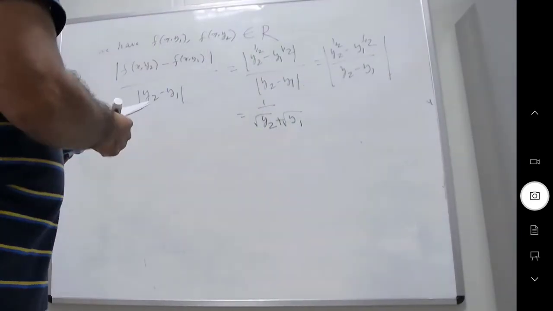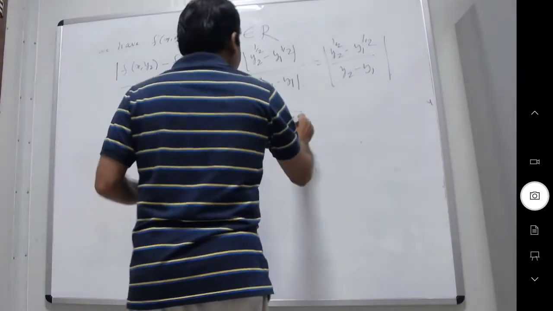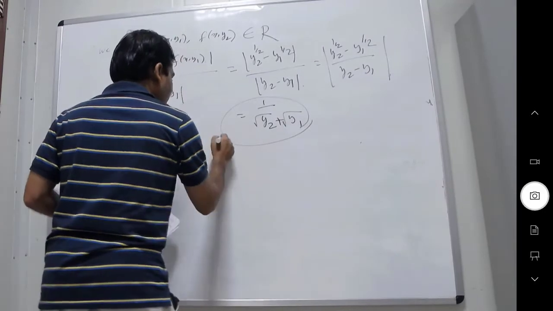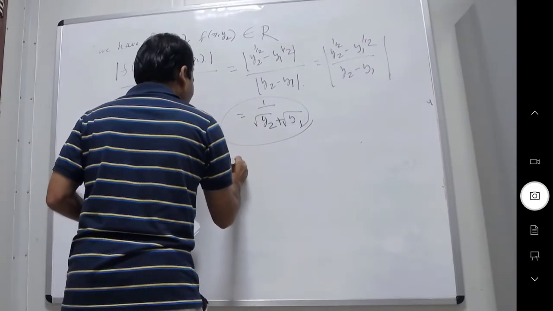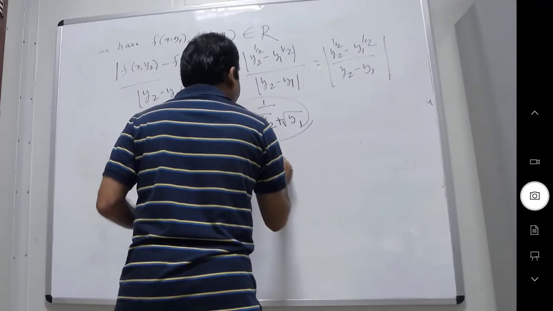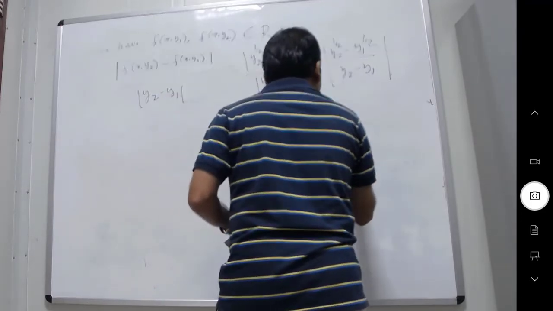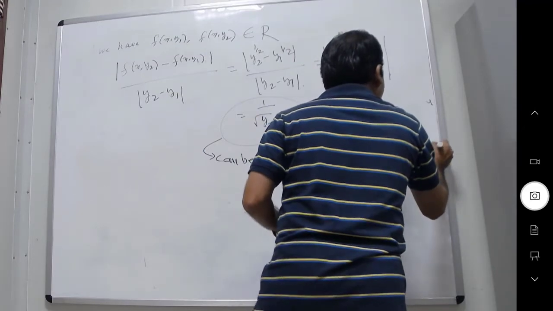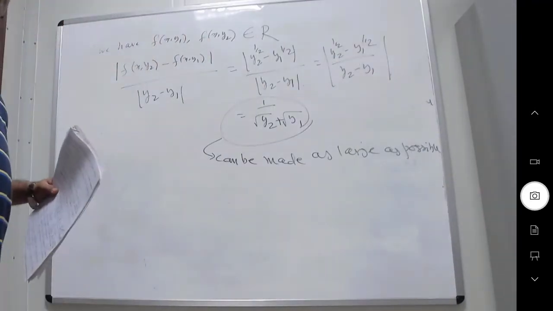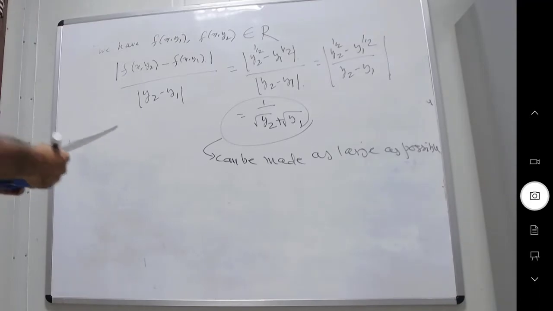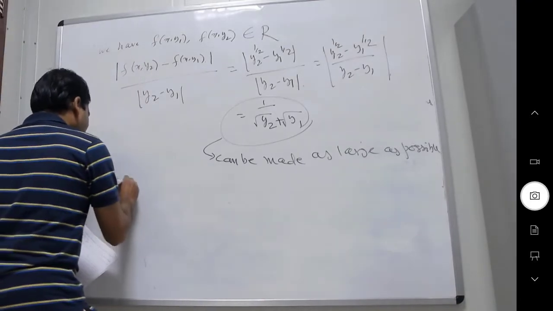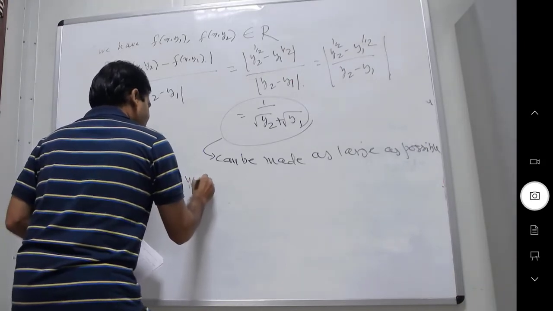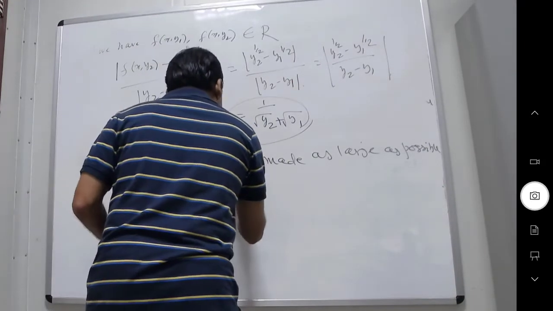Now this quantity can be made as large as possible, right? This quantity can be made as large as possible by choosing y1 and y2 sufficiently small, right?